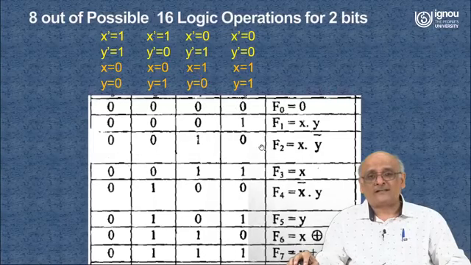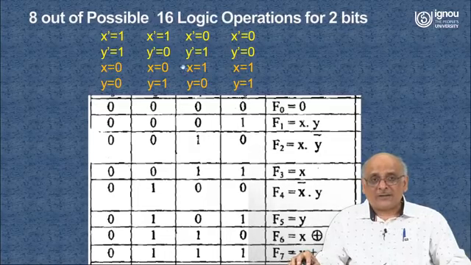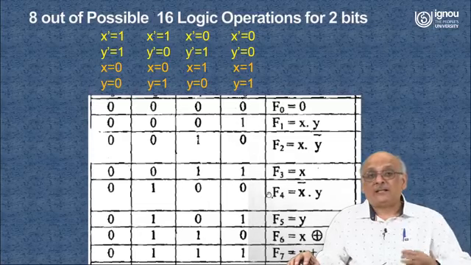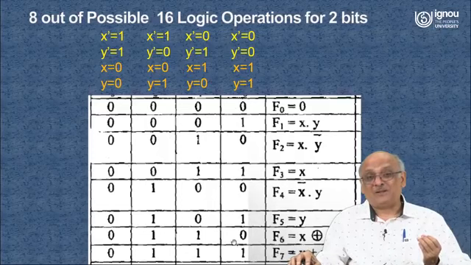For all the rest of the cases you will get a 0. So like that you can interpret the truth table. This is just representing the truth table for two binary variables x and y, and that is how it can simulate 16 logic micro operations based on the truth table. All these micro operations are different from each other.